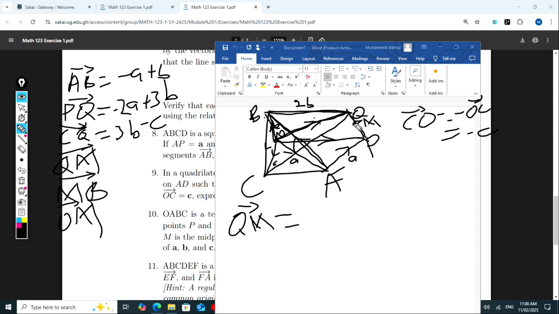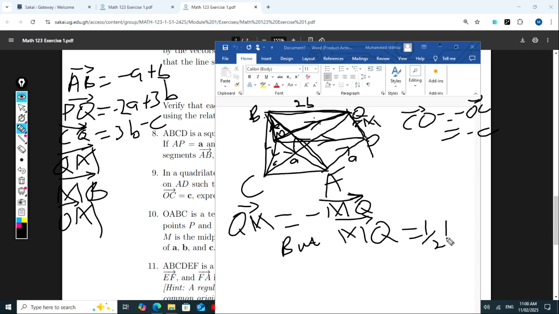So QM will be equal to what? Negative MQ. But MQ is the midpoint of what? PQ. So it's equal to half the vector PQ. We find PQ to be negative 2a plus 3b.